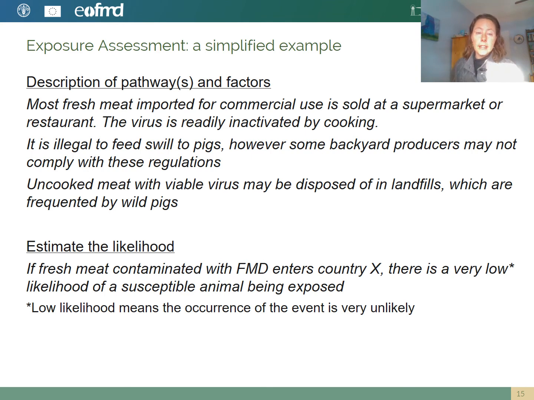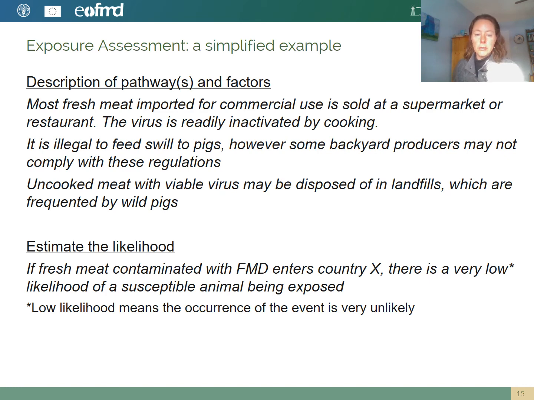And so your completed exposure assessment could look something like this. Most fresh meat imported for commercial use is sold at a supermarket or restaurant. The virus is readily inactivated by cooking. It is illegal to feed swill to pigs. However, some backyard producers may not comply with these regulations.